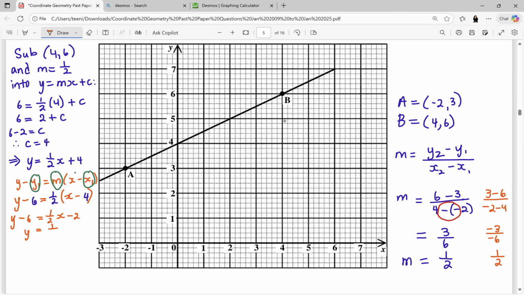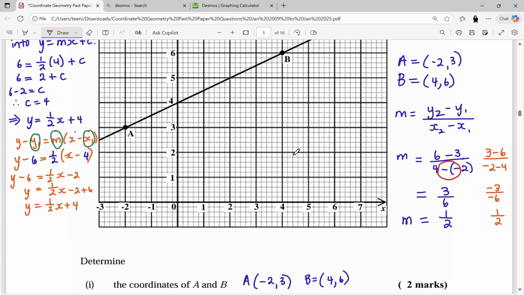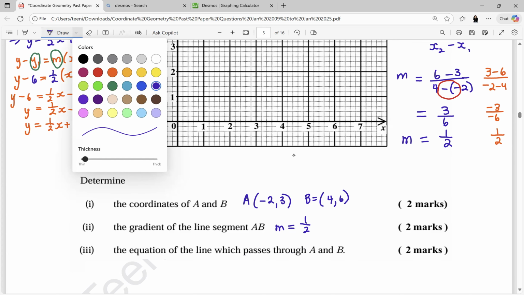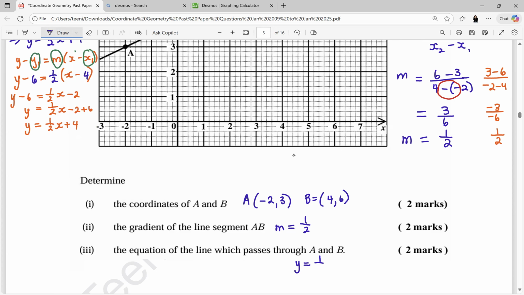So you'll have y is equal to a half x minus 2 plus 6, and minus 2 plus 6 is 4. So with both methods, you're going to get the same answer, which is y is equal to a half x plus 4. And there you have it, guys. 2 more marks, a 6-mark question in the bag. y is equal to a half x plus 4.